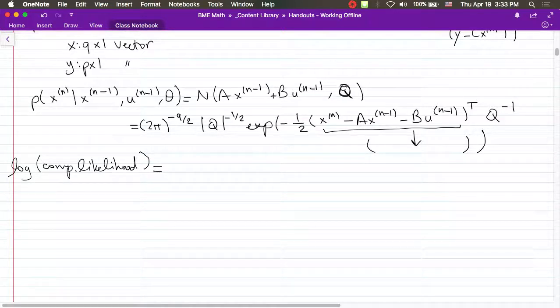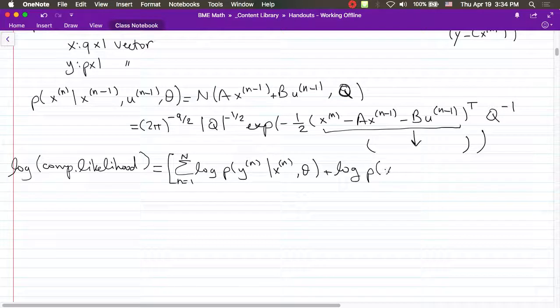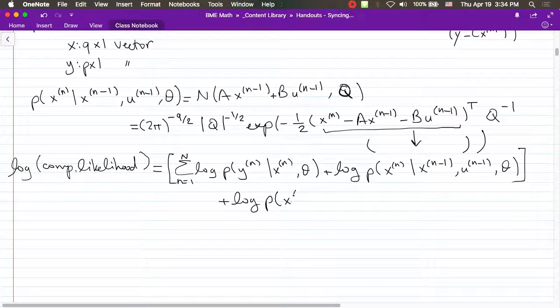Well, the log of a multiplication is a sum, so I'm going to have the sum for n equals 1 to N of the log of the probability of y of n given x of n and theta, plus the log of the probability of x of n given x of n minus 1, u of n minus 1, and theta, plus the log of the prior distribution of my prior.